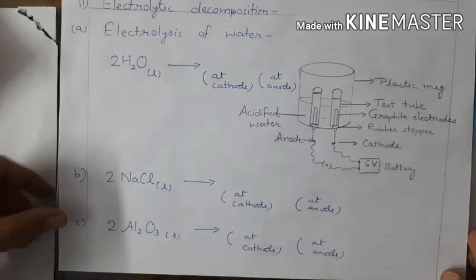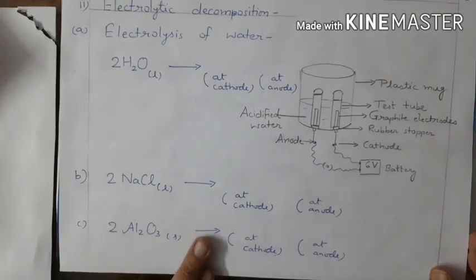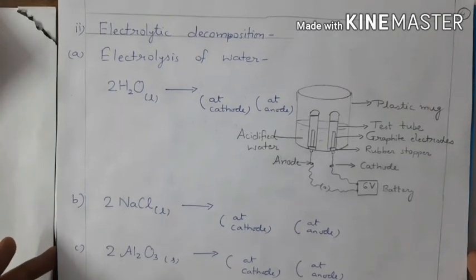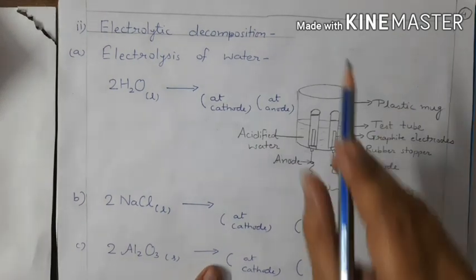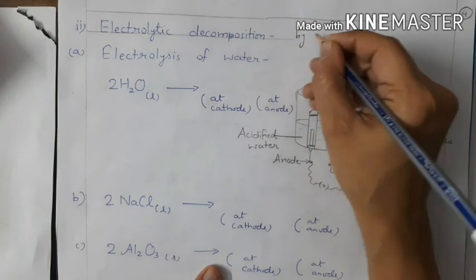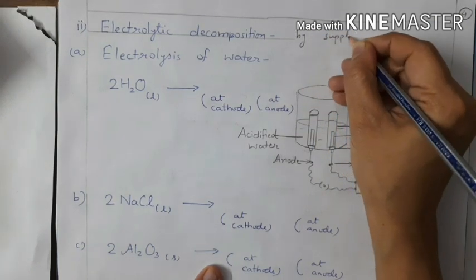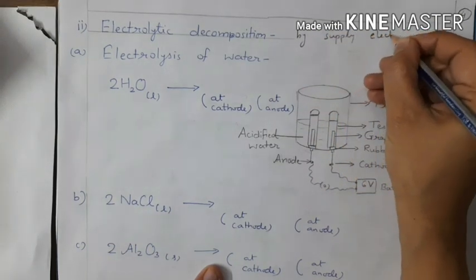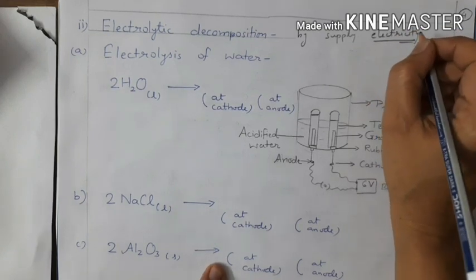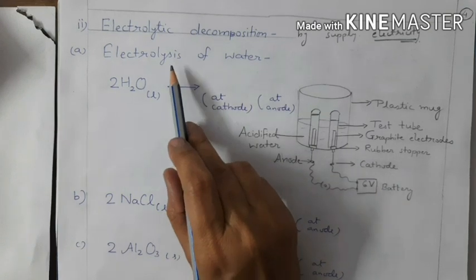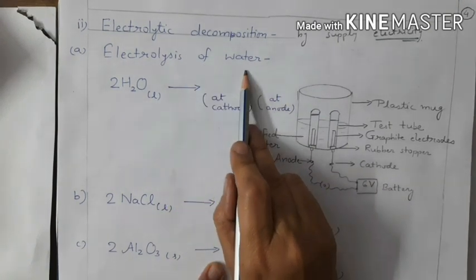Moving on to the next one, that is electrolytic decomposition. As the name itself indicates, electrolytic decomposition is a decomposition which is carried out by passing electricity. Let me begin with the first example, that is electrolysis of water.